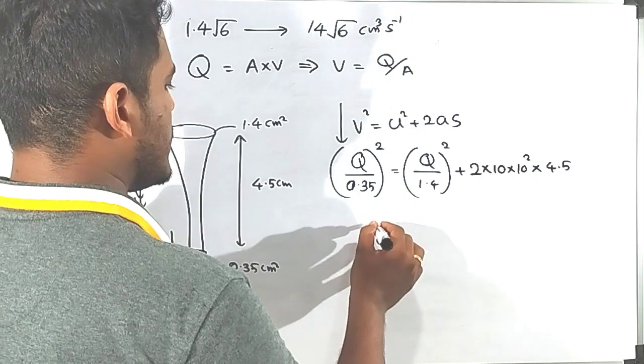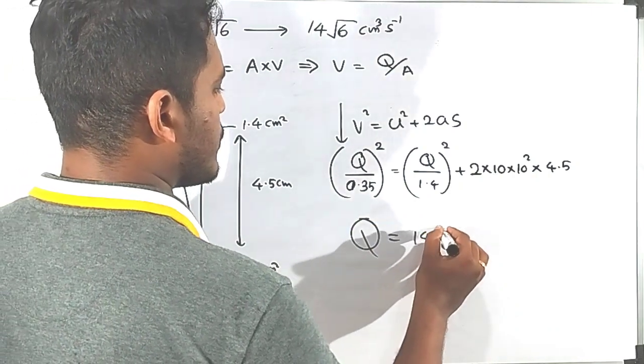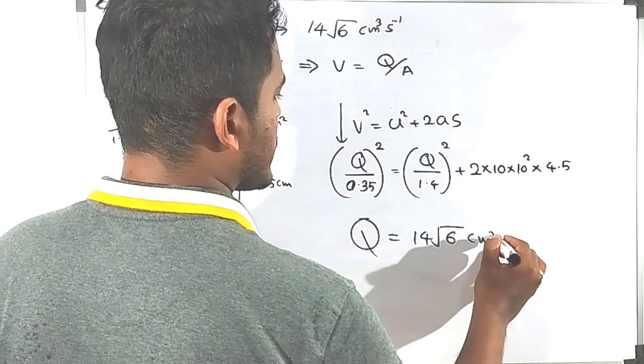After solving this, Q equals 14 root 6 centimeter cube per second.